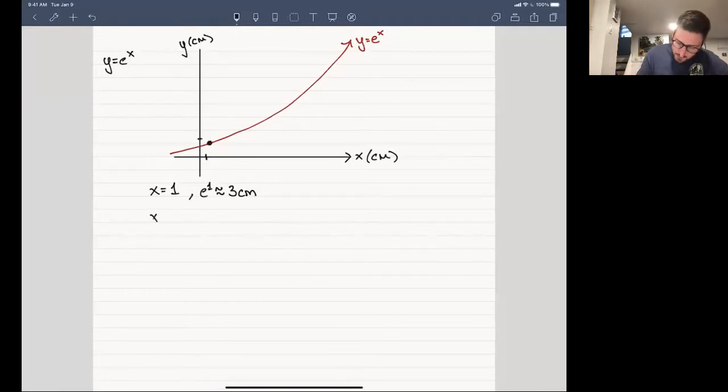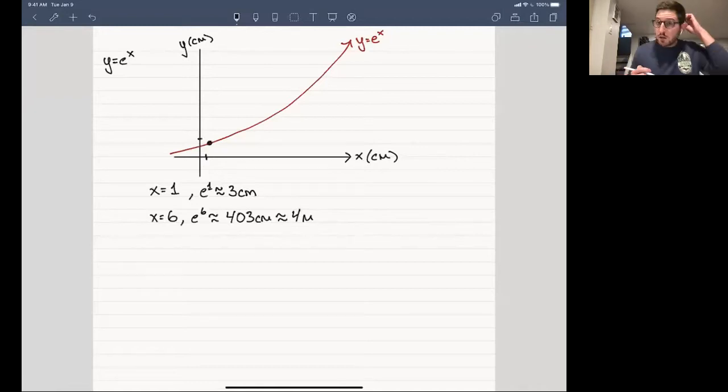How about at x equal to 6? So I move 6 centimeters along the x-axis. And in this case, e to the 6 is about 403 centimeters. So that's approximately 4 meters. Right? So I'm doing some rounding here. I'm just trying to give you perspective. But think about it.